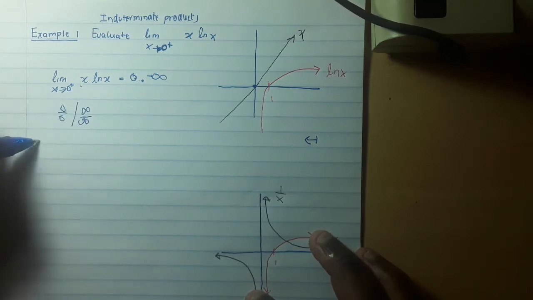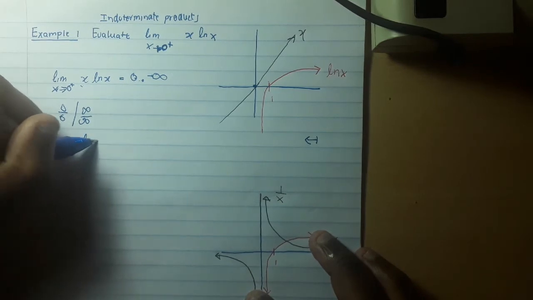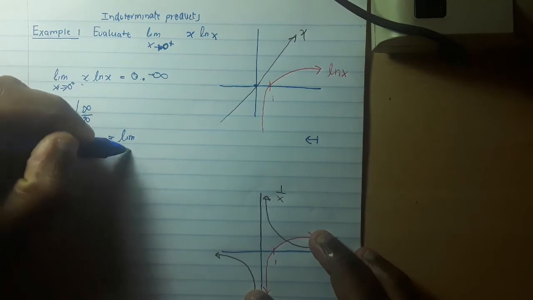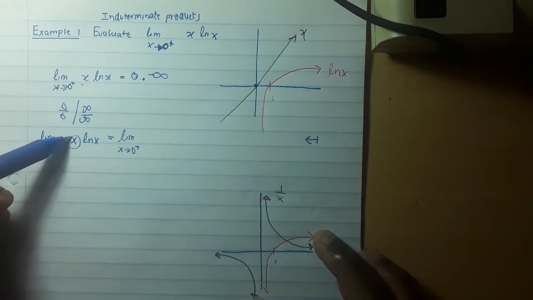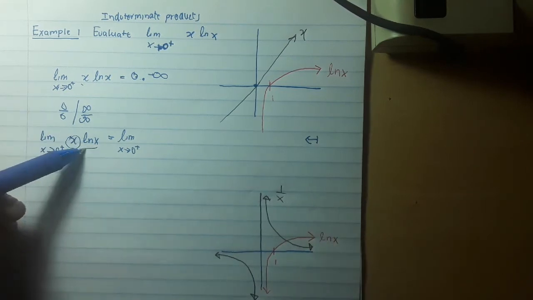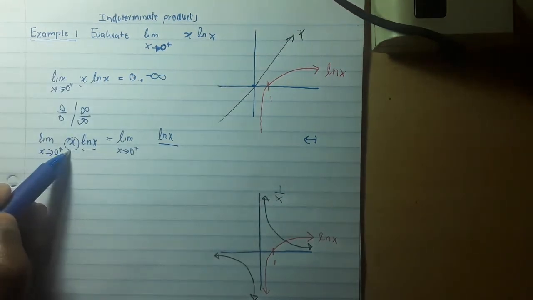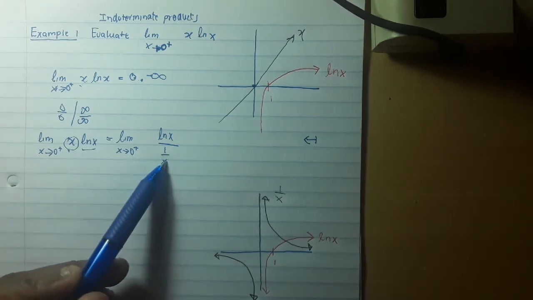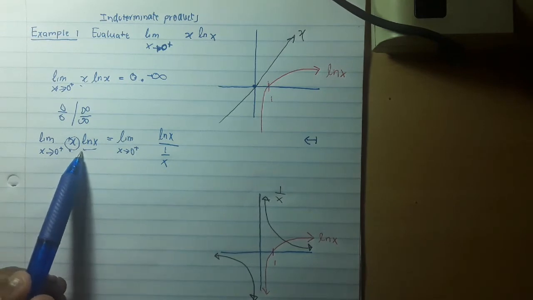So let's write the limit as x tends towards 0 from the right of x ln x as equal to the limit as x tends towards 0 from the right. In this example, we'll choose x to put at the denominator, and we'll keep ln x, so we'll have ln x over 1 over x. Notice that the 1 over x is important, because when we simplify this we want to get the same expression as previously.